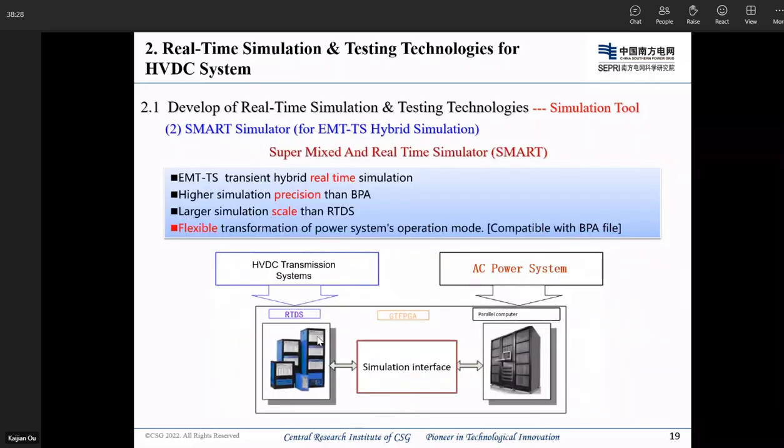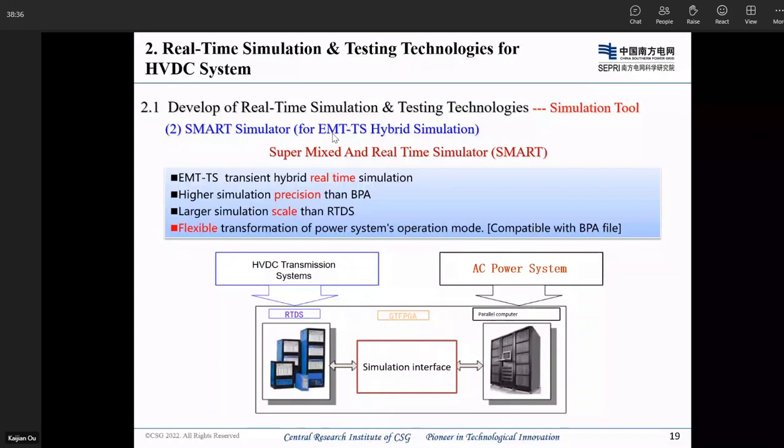Another tool is SMART. This SMART simulator is for EMT and TS hybrid simulation of the power system. I will introduce SMART here.